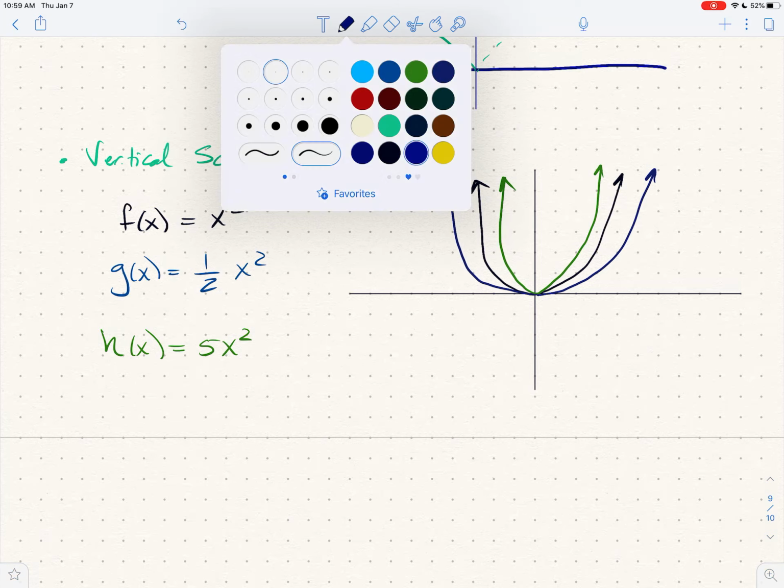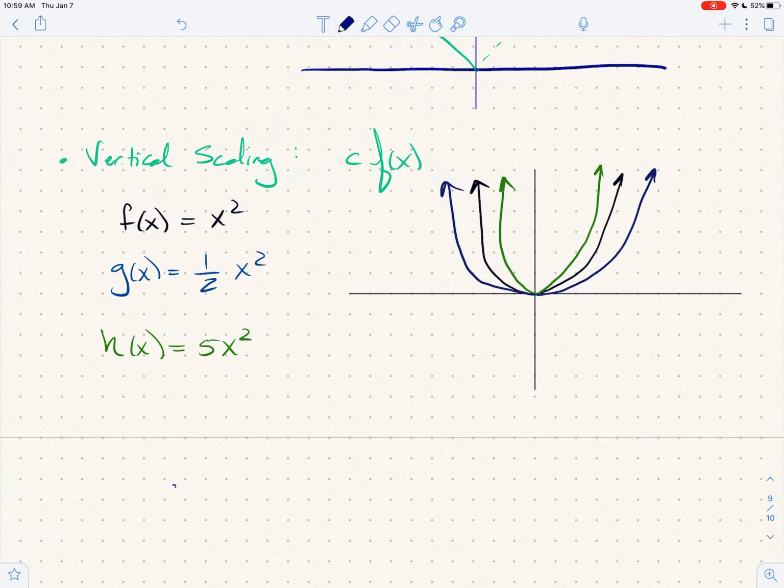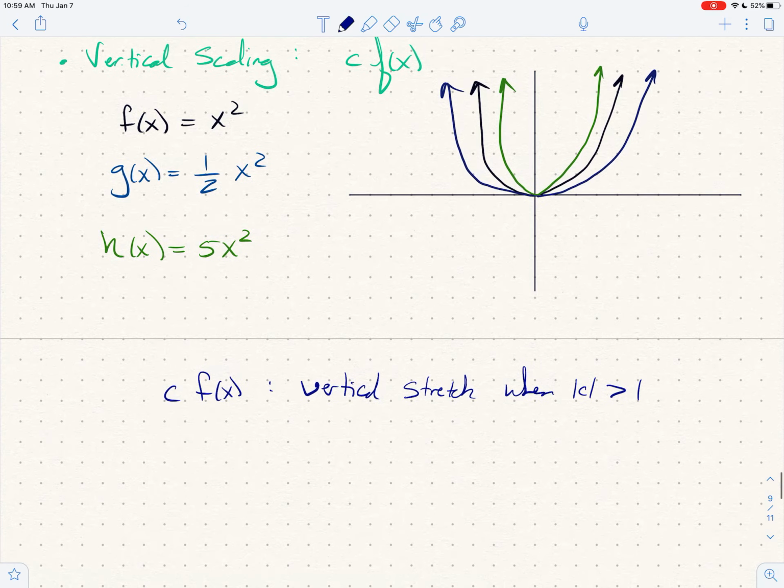So what's the summary? So c f of x is a vertical stretch when the absolute value of c is bigger than 1. Because, by the way, c could be negative, and then you have a reflection and a stretch combined together.